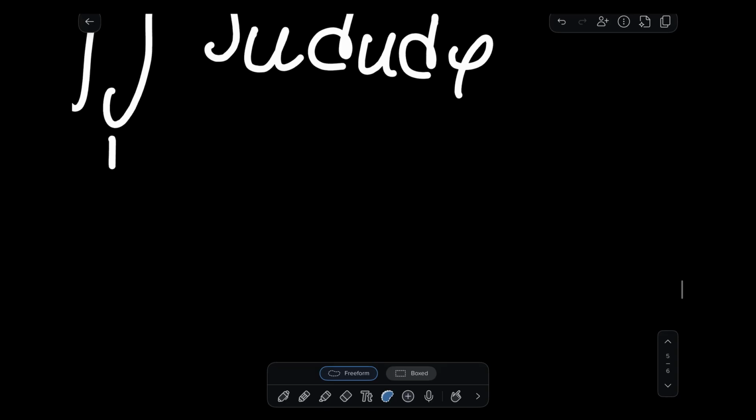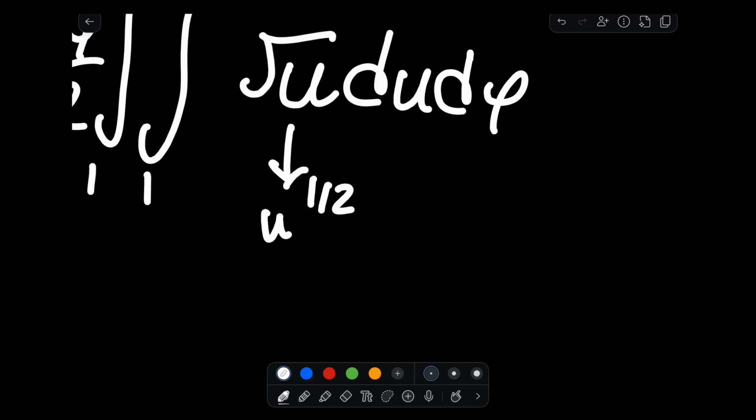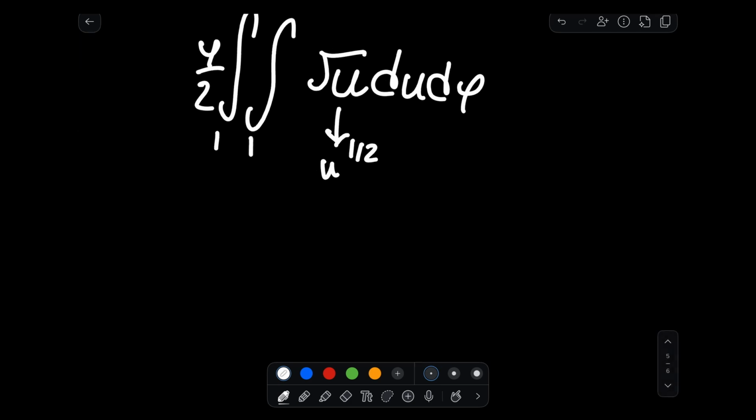Now we can do our reverse power rule. We know that this is u to the 1/2. So we're going to get 2 over 3. We're going to get plus 1 divided by 1 over 2 plus 1. So we're going to get 3/2, we're going to get 2/3 for our u, right?